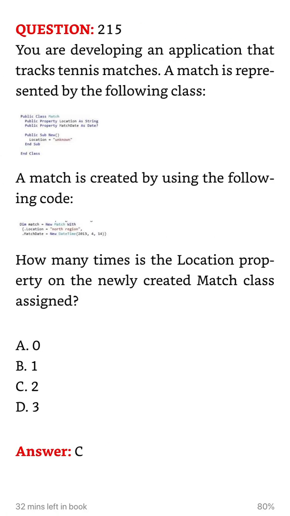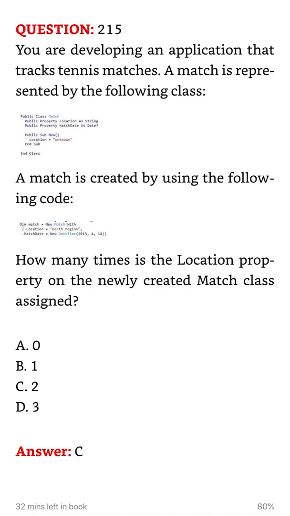Question 215. You are developing an application that tracks tennis matches. A match is represented by the following class. Match has properties location and match date, and the location is set to unknown.